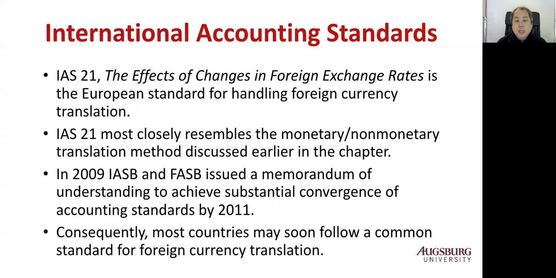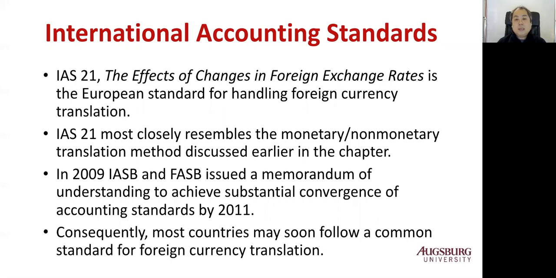So in 2009, the IASB and the FASB issued a Memorandum of Understanding, MOU, to achieve substantial convergence of accounting standards by 2011, which means they want to set very common rules so that every company in the world follows the same rules.